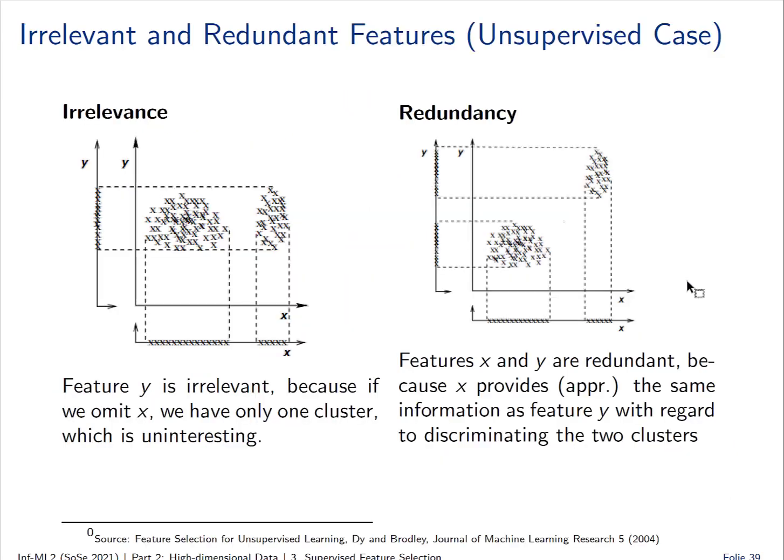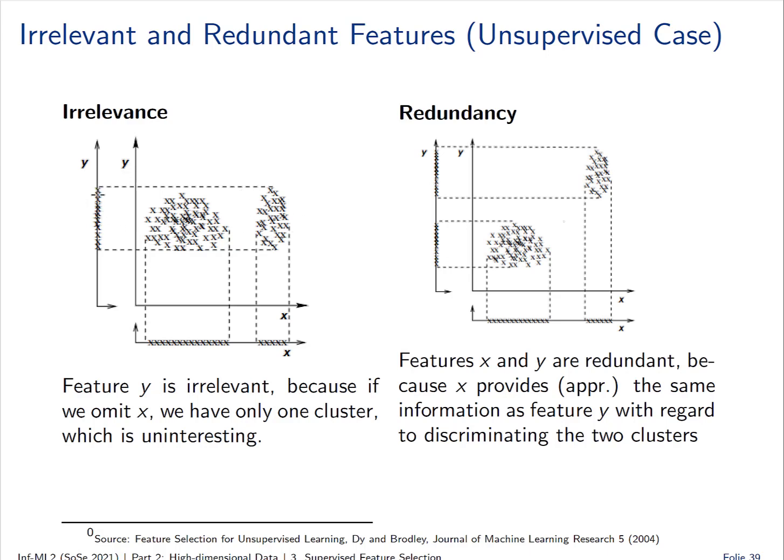Okay. So once again, why should we get rid of irrelevant and redundant features in our data set? Here is the motivation for an unsupervised case, where we have, in the two-dimensional case, two clusters, obviously. But if we just have a look at the y feature, we see that this feature is completely irrelevant in order to discriminate between these two clusters.